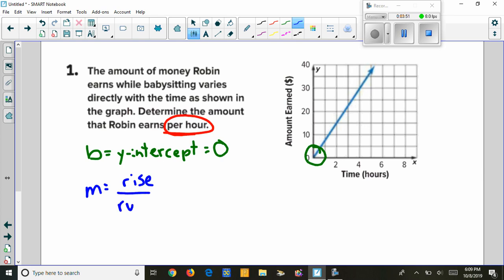Now, you guys are going to have to pick your own points on some of these. What I'm looking for are points on the graph where the grid lines cross. I'm looking for points that land here. On this graph, these are those points.